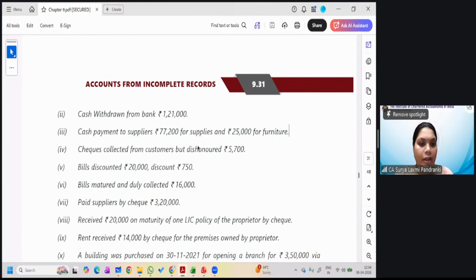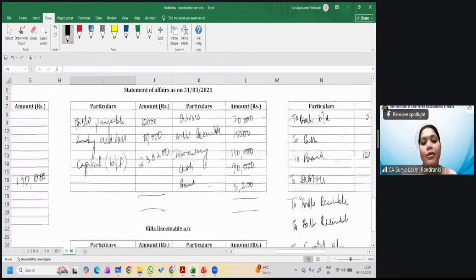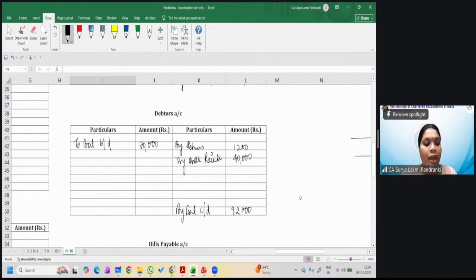Now should we write this? Yes, ma'am. Debit, credit, two effects should be given. Which account should we write? Sundry debtors account. Where will we write this? When the cheque is received, it is credit to debtors account. When it is dishonoured, it is debit to sundry debtors. So both debit and credit should be there, correct? 5,700 and 5,700. On the debit side of the bank, it is called what?